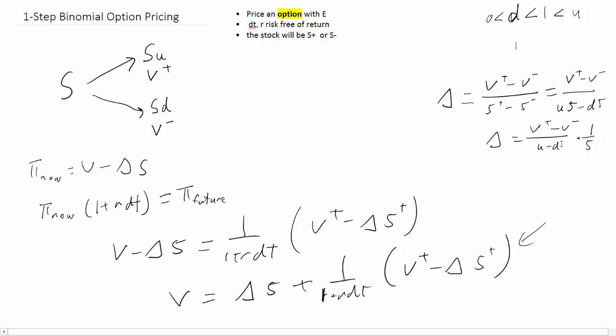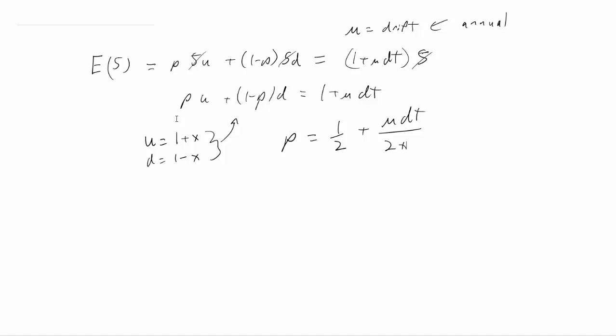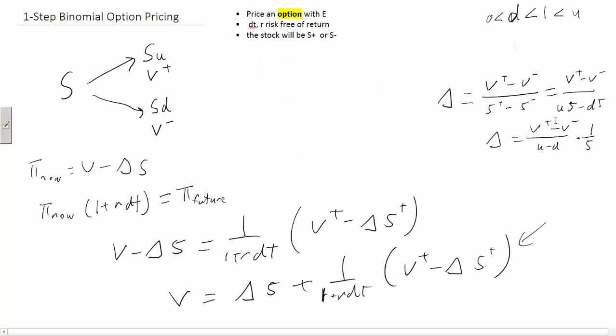U minus d on the bottom is just going to be equal to 2x. So that's going to let us clean things up on this side. I'm going to swap that u minus d out for 2x. So as soon as I figure out what x is, I can figure out my delta in terms of the stock and the x value.